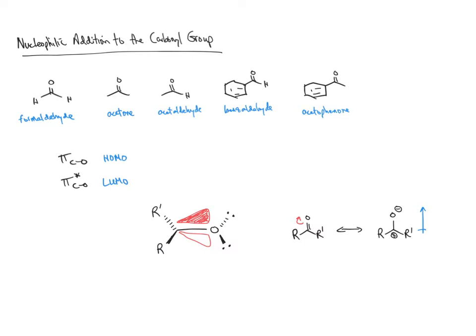Now the LUMO is also important. The LUMO is the pi star orbital, and it's strongly electrophilic at carbon. If we were to draw the LUMO much the same way, we would draw it like this. But the LUMO is going to be polarized more towards carbon.